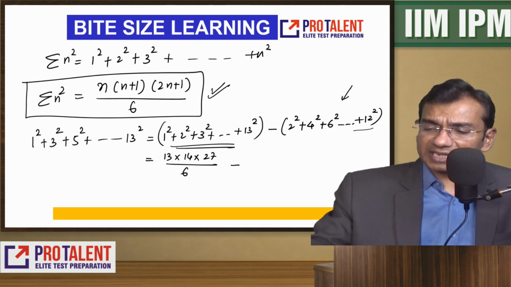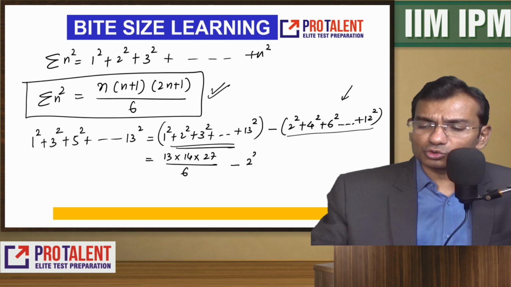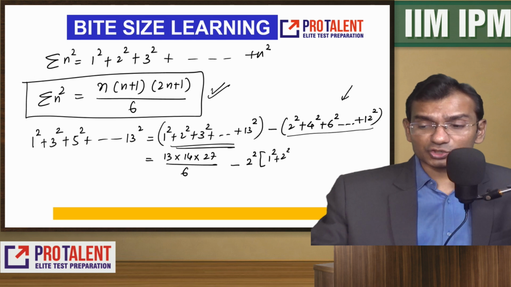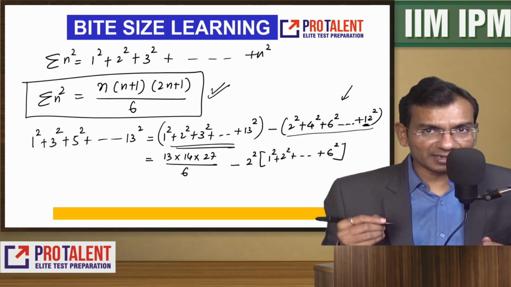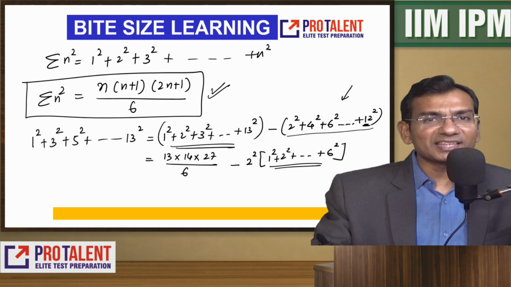Now out of this entire set of sums, I take 2 square common. I am left with 1 square plus 2 square up to 6 square, because it is going up to 12 square, so it is 6 square. Now this is easy. Yes or no? So now this is once again the same formula.